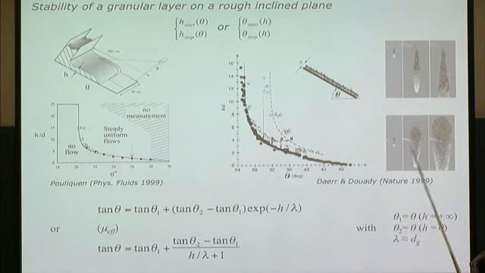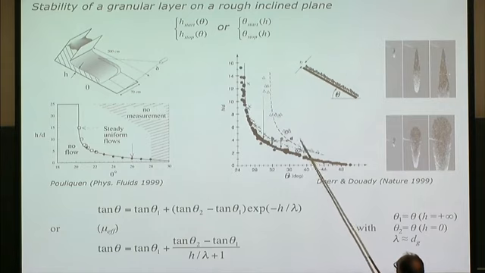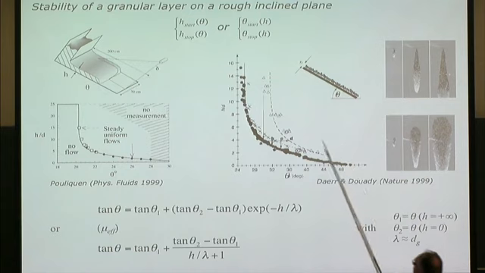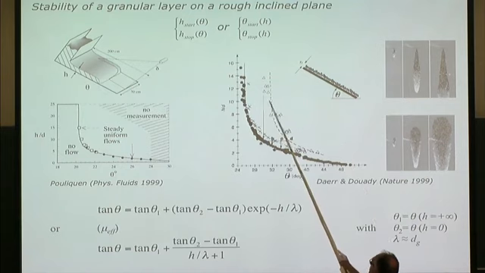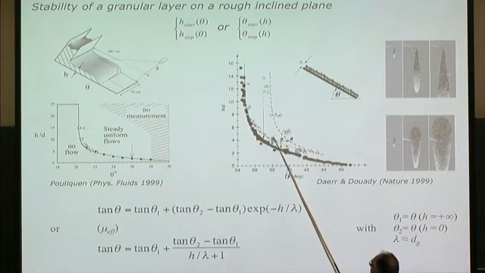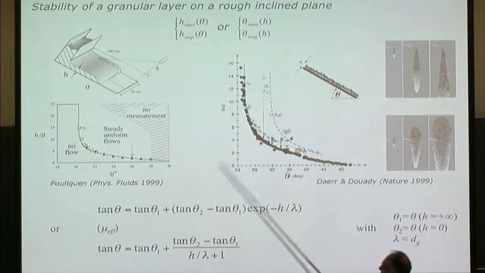And in this configuration, we also have access to the starting curve, which corresponds to the thickness of the layer at which an avalanche starts, and then the thickness decreases at a given angle, and the flow stops here, like this.